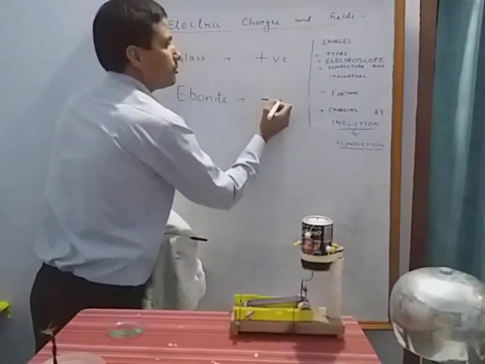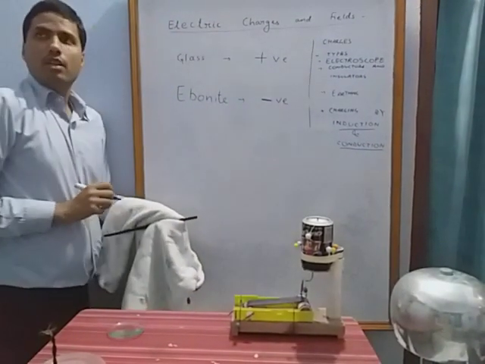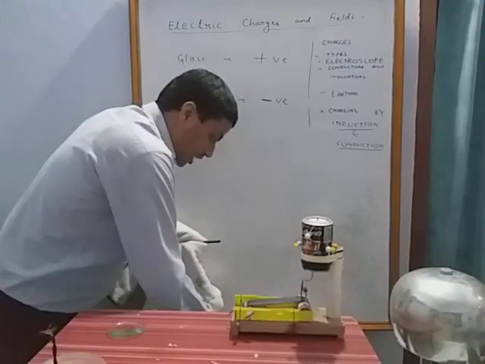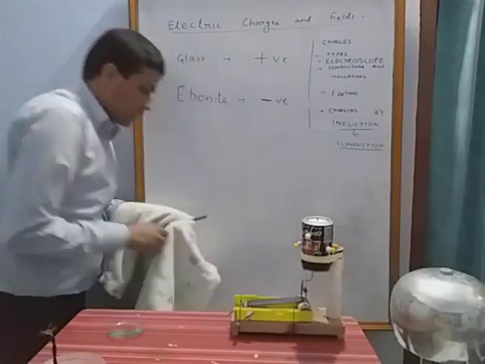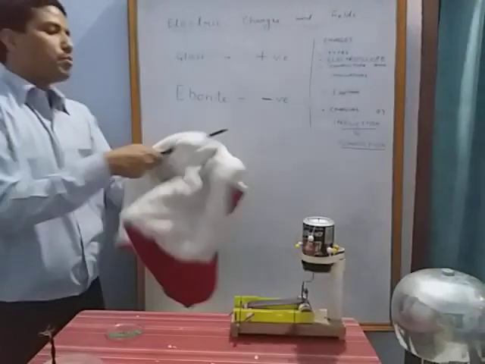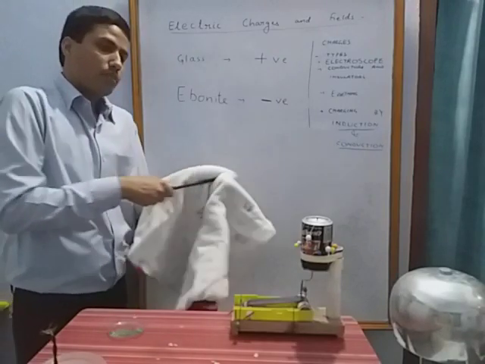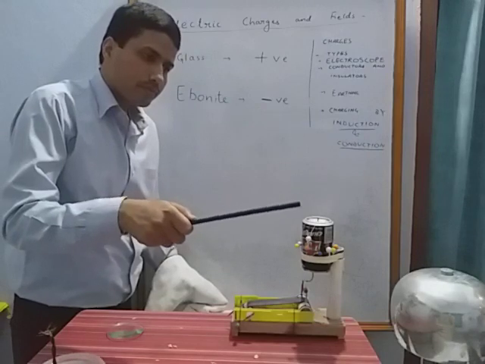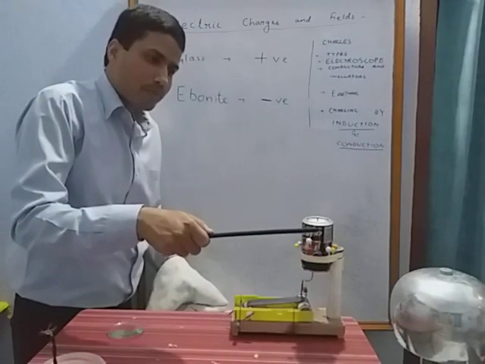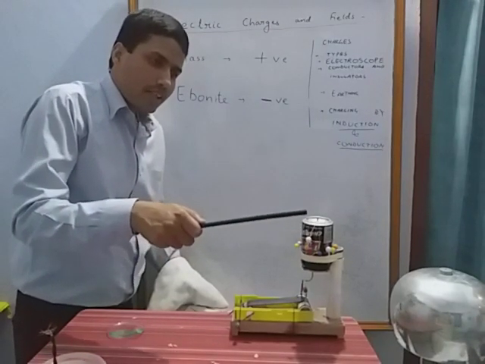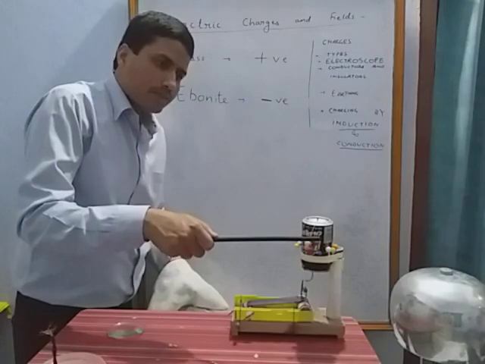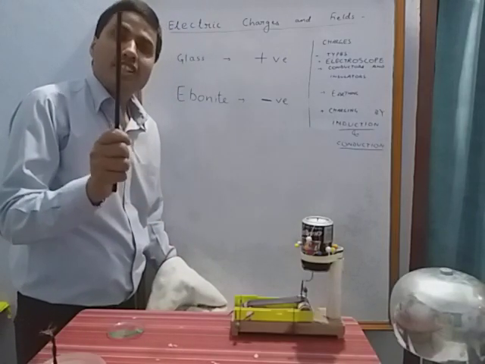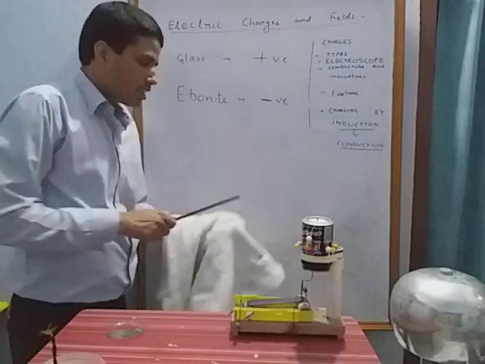Negative. If it is so, let's see their properties as far as these balls are concerned. I bring this ebonite rod and you can see some repulsion. Could you see? It is repelling the ball. Why? Because it is negatively charged and this is also negatively charged.